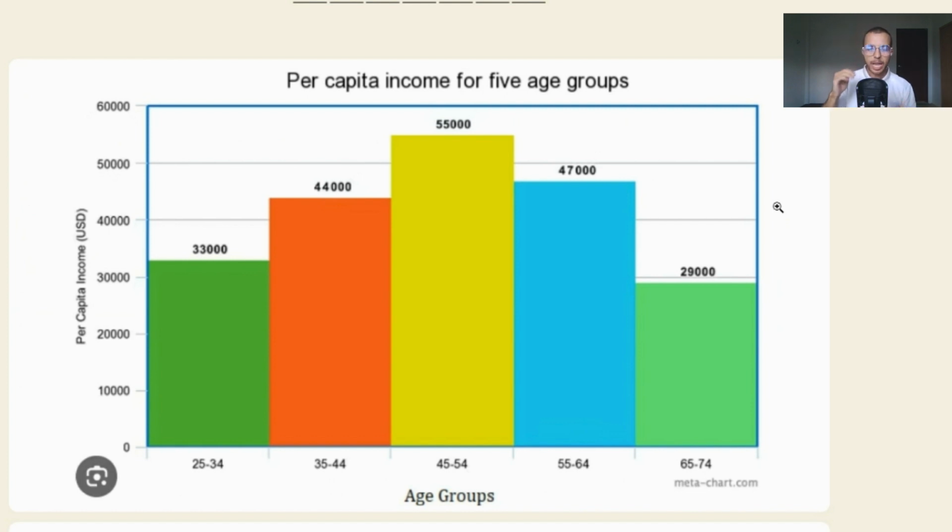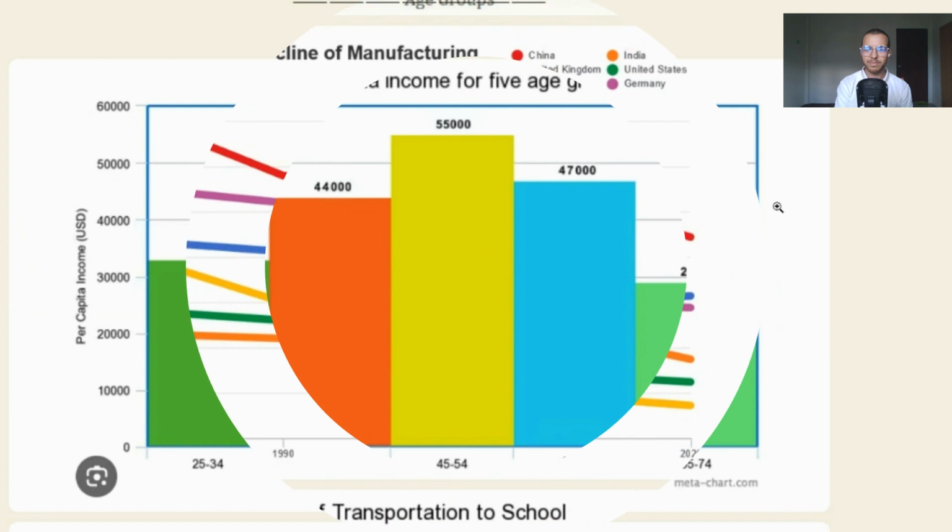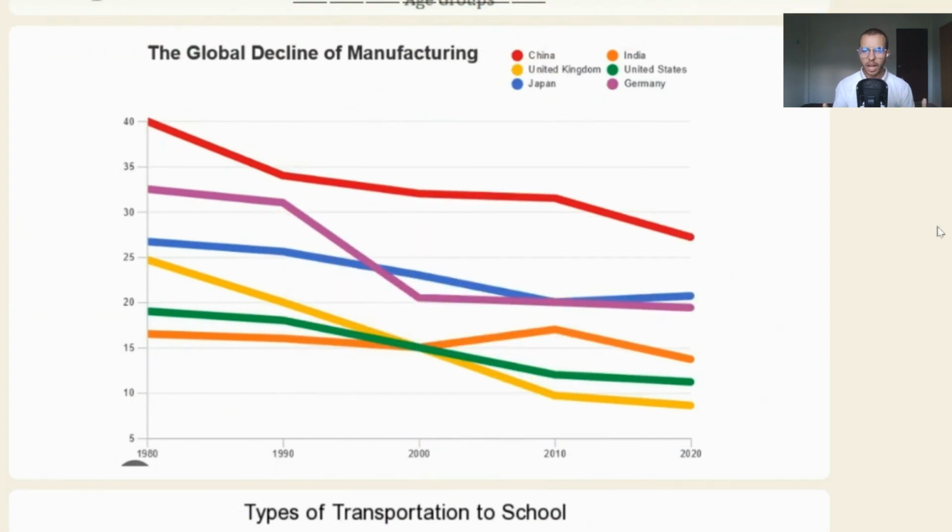Following that, the per capita income begins to drop significantly. The final age group has a per capita income of 4,000 US dollars less than the very first age group. Chart number 2, this is a line graph.